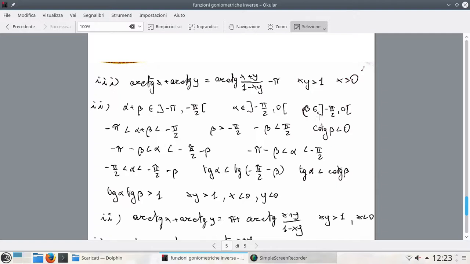We have minus pi less than alpha plus beta less than minus 1/2 of pi. Since beta is less than negative 1/2 of pi, we have minus beta less than 1/2 of pi.